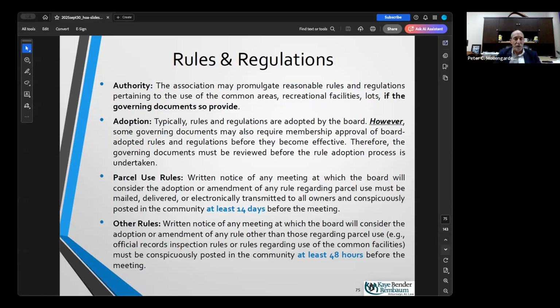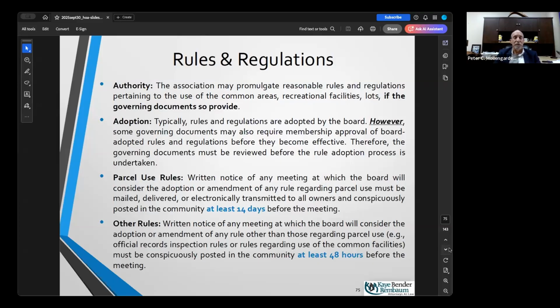If you do have the authority to pass rules regarding the use of a parcel or a lot, then as I mentioned a bit ago, that's a special kind of board meeting notice. It's not a 48-hour notice. If you're going to adopt or amend rules regarding the use of a lot or a parcel, that's a 14-day meeting notice sent to all the owners and posted 14 days in advance.